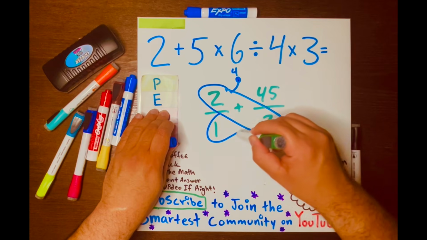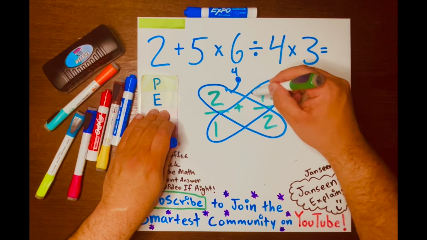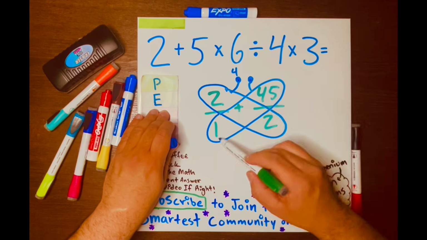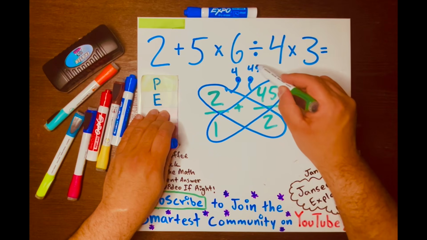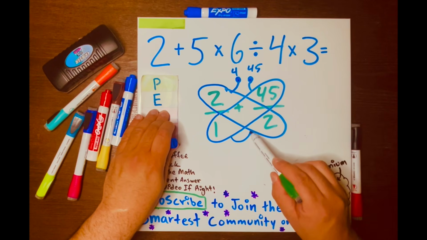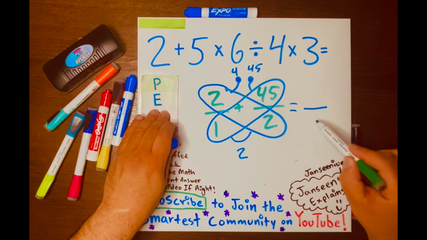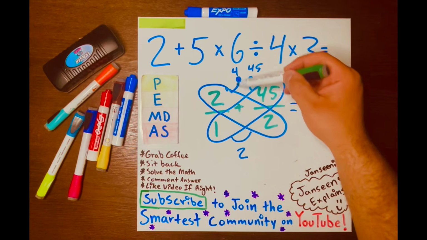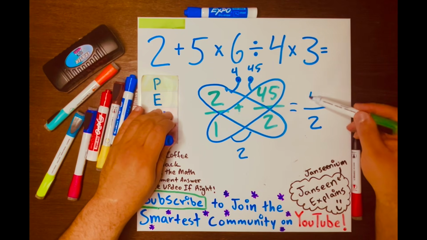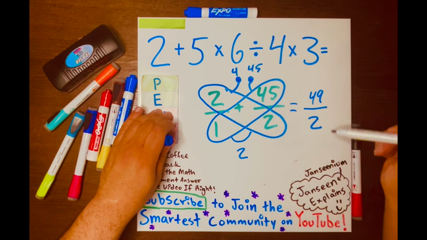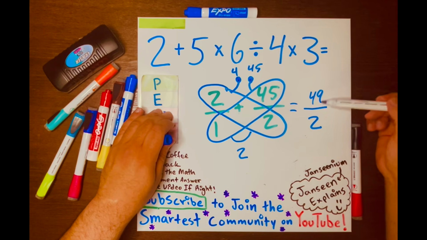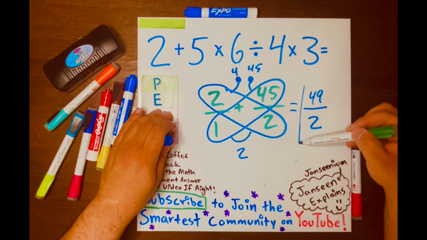And then here's the other wing. Can't forget the antenna. And 1 times 45 is 45. And here's the body. 1 times 2 is 2. And so our denominator is 2. 4 plus 45 is 49. That's our new numerator. And you can't simplify 49 over 2 further. So this is your improper fraction.